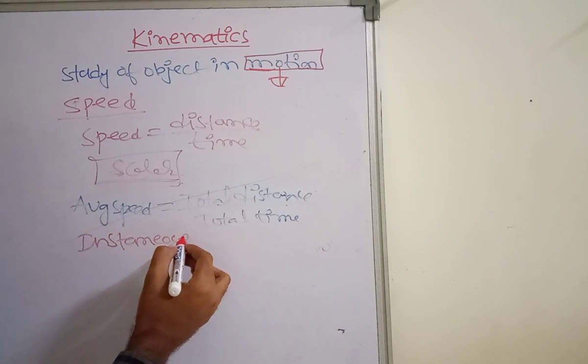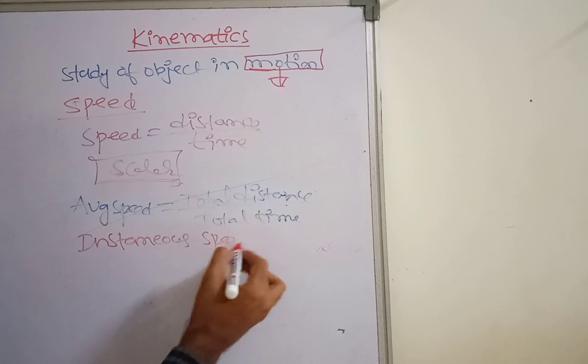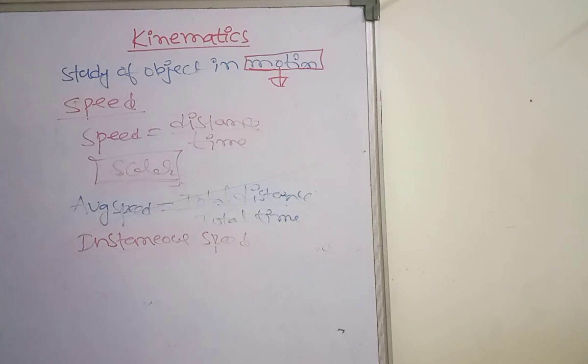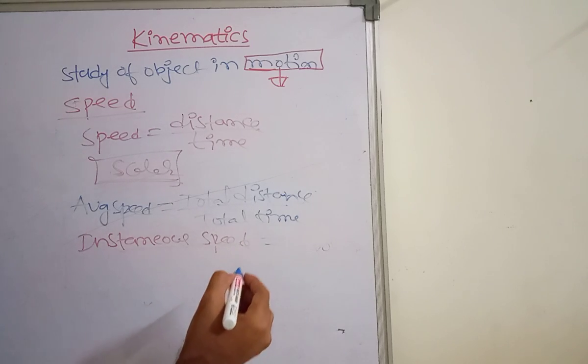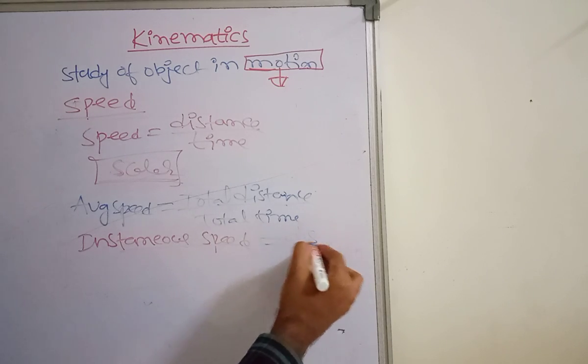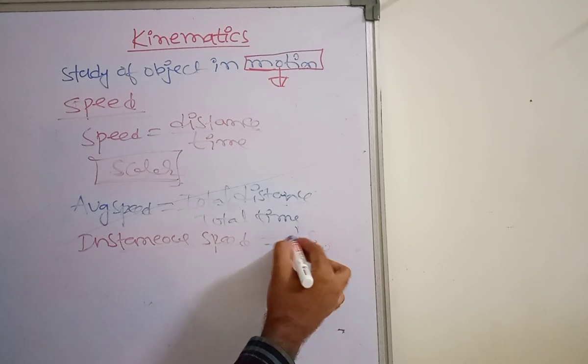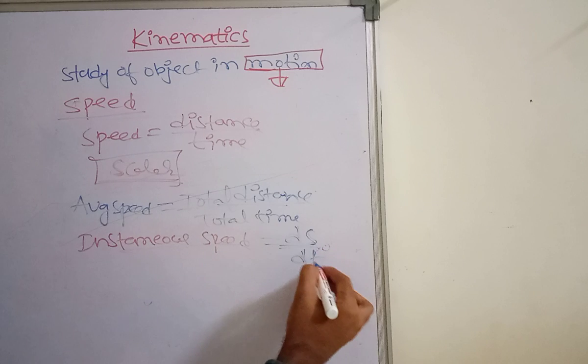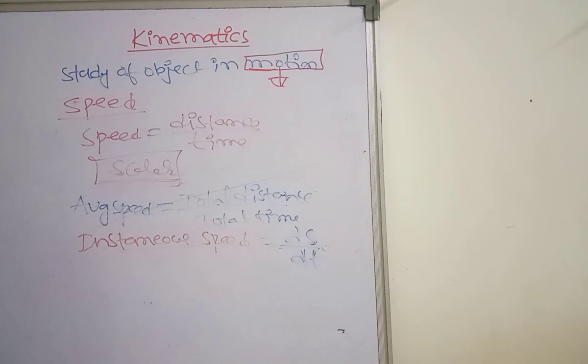Instantaneous speed is equal to small change in distance by small change in time. We can write it as ds by dt.